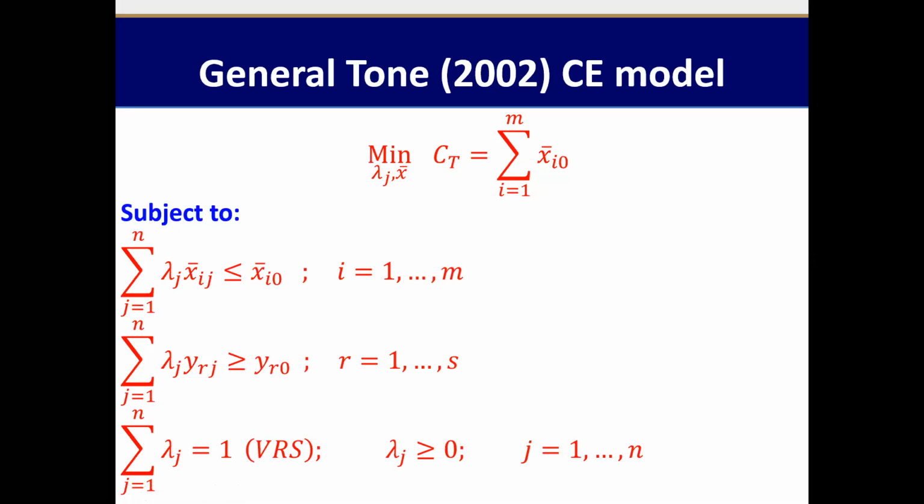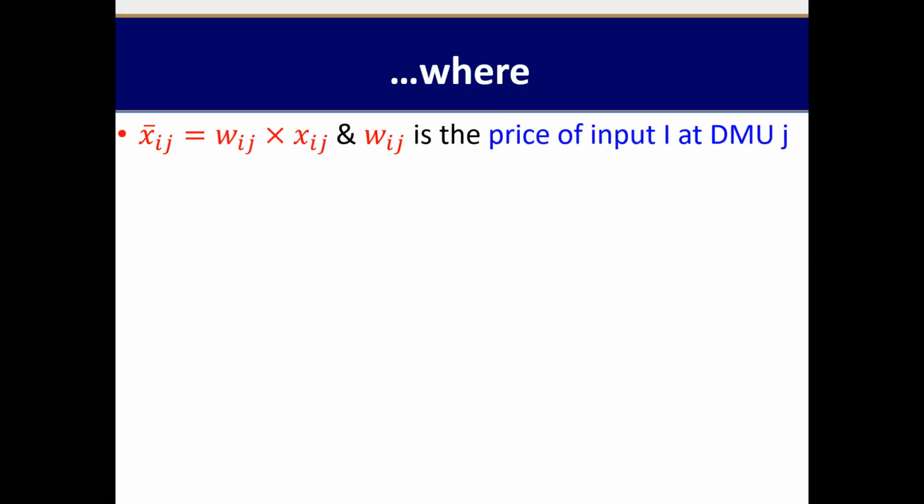What is the essence of this Tone model? It's a long story, but I'll give you a fair idea. The X bar is the W times X, but in this context, the W is the price of the input at that particular DMU.